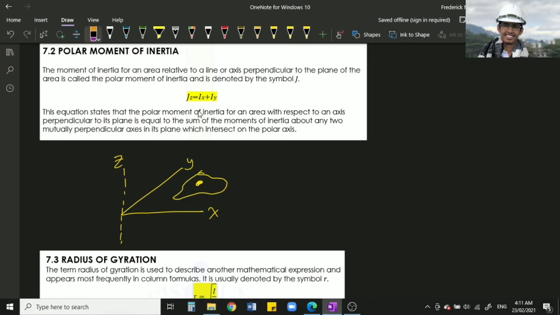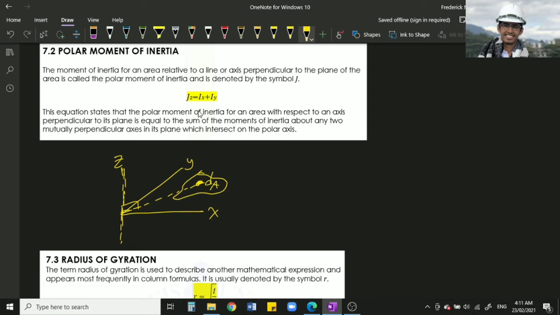So example, if we have a plane here, dapat perpendicular to the plane. Ito yung z natin, perpendicular dun sa ating plane na x and y. So ito yung magiging perpendicular distance natin, and ito yung dA natin.